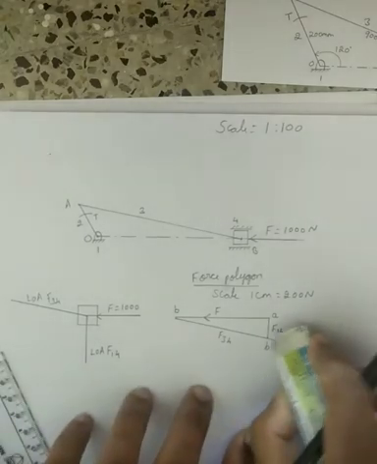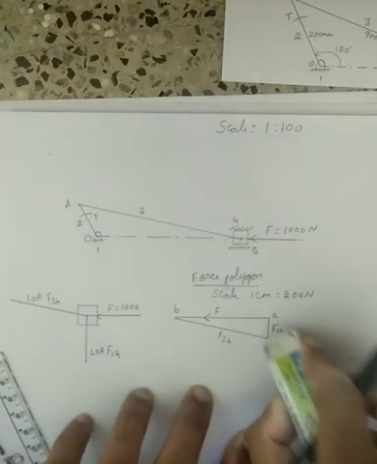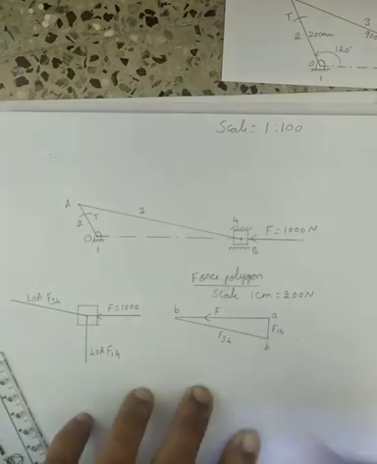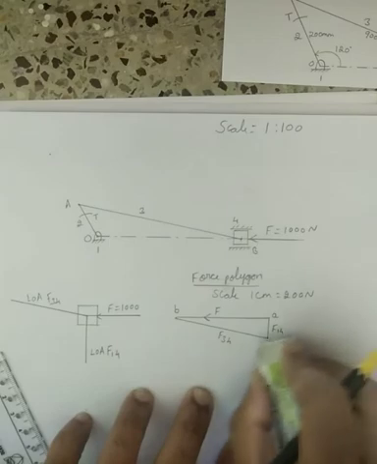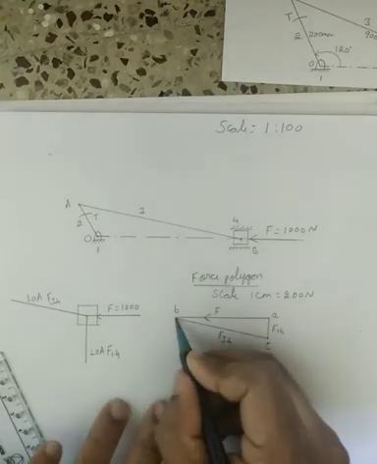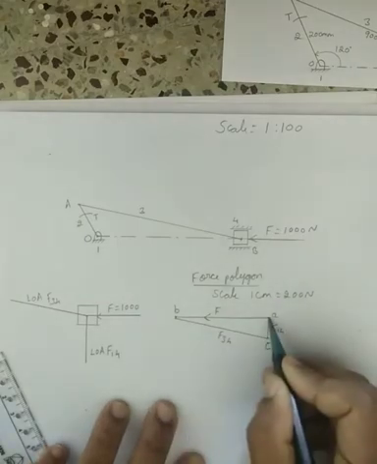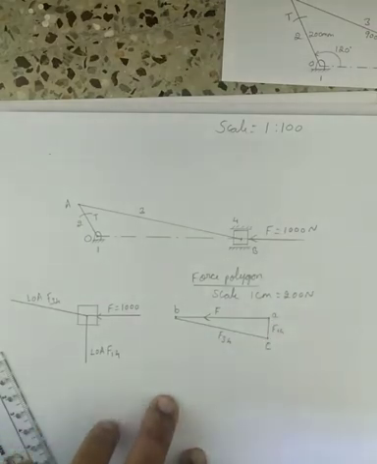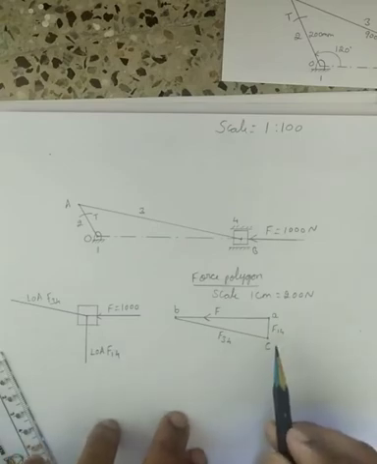So I will erase the extended line. So this is the point C. So this is the point B, this is the point A. Now I can find out the direction of F34 and F14.